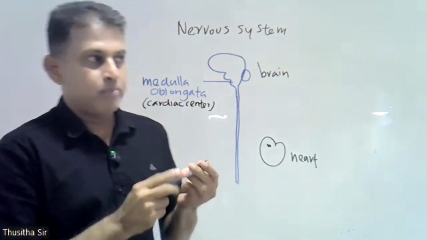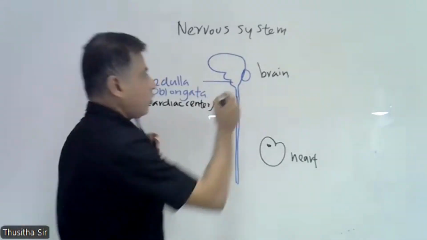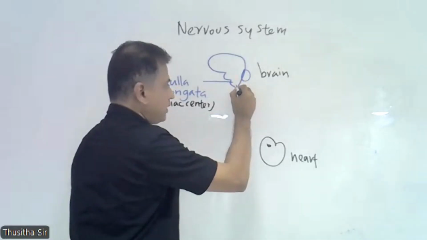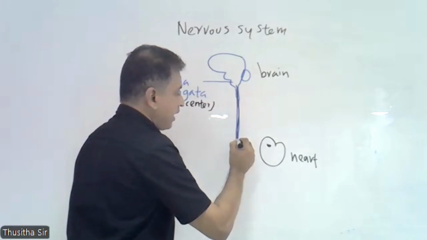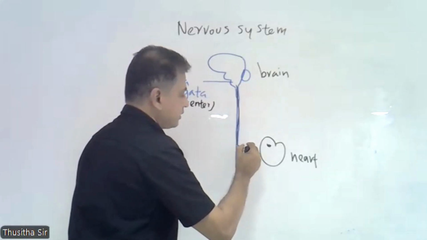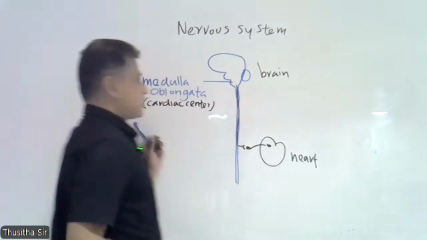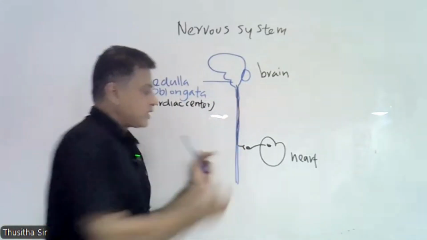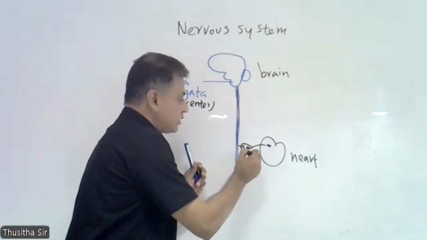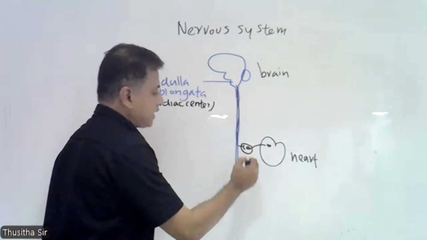Okay, now the parasympathetic nervous system always goes through the spinal cord, and that comes up, and here the second nerve is going. So that's the first nerve going, and then it goes out, and it makes a small structure close to the spinal cord called a ganglion.